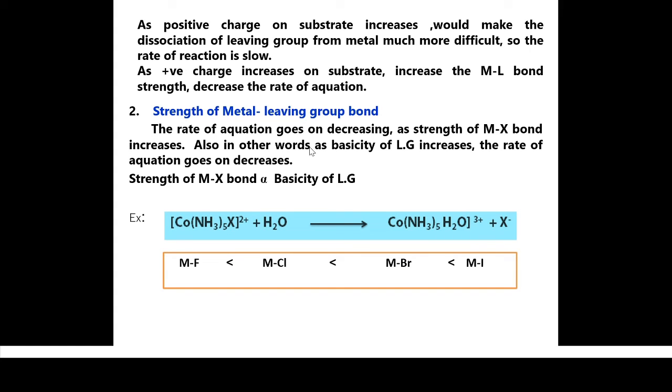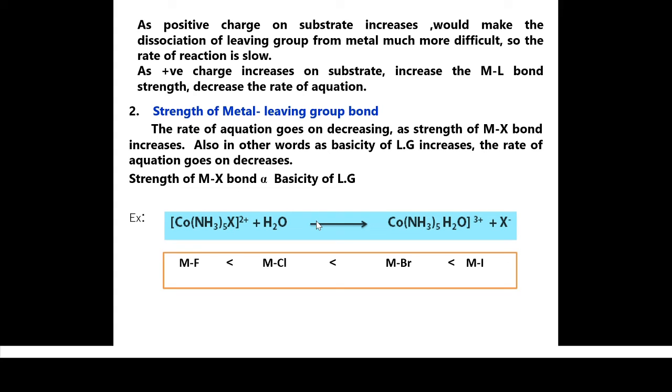But the rate of aquation goes on decreasing as the strength of the M-X bond increases. If your leaving group is a bad one, it increases the strength of the metal-leaving group bond, and then your rate of aquation decreases.